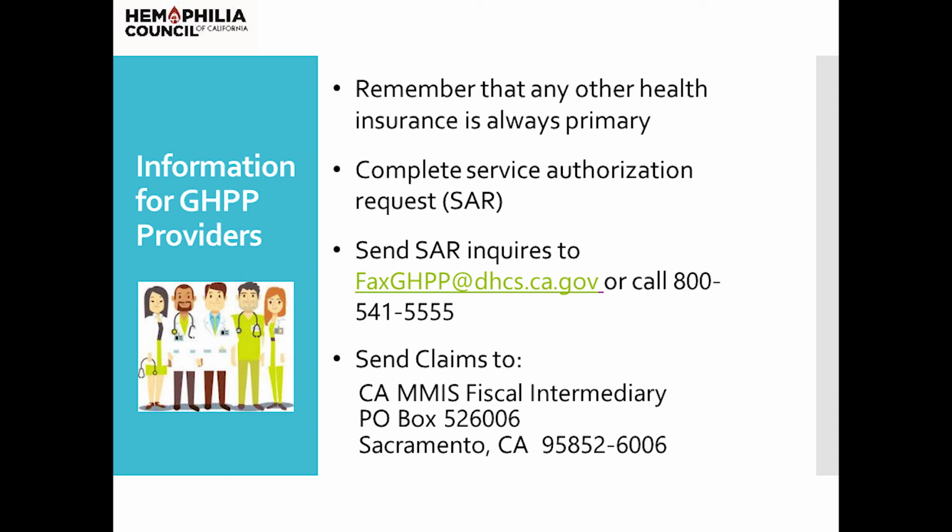The complete service authorization request, or SAR, must be submitted, and SAR inquiries go to fax ghpp@dhcs.ca.gov or call 1-800-541-5555. Also send your claims to California MMIS Fiscal Intermediary, P.O. Box 526006, Sacramento, California, 95852-6006.